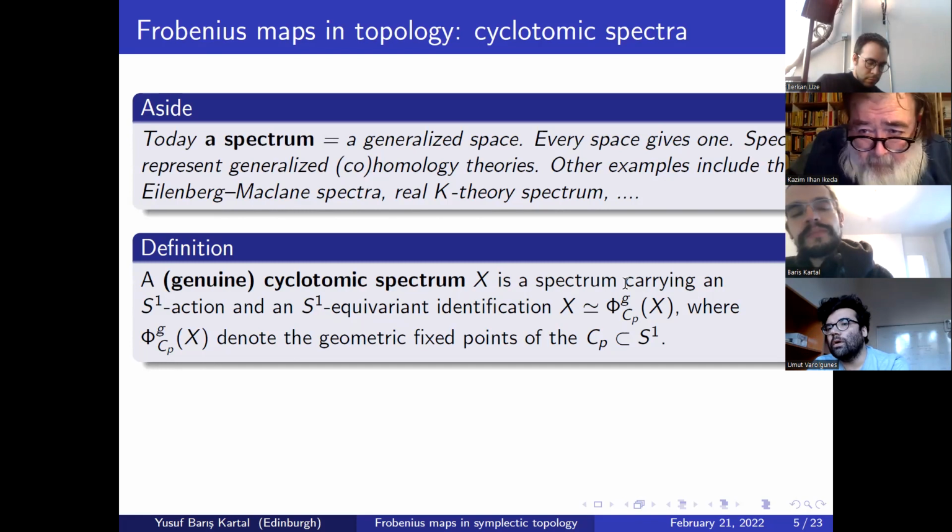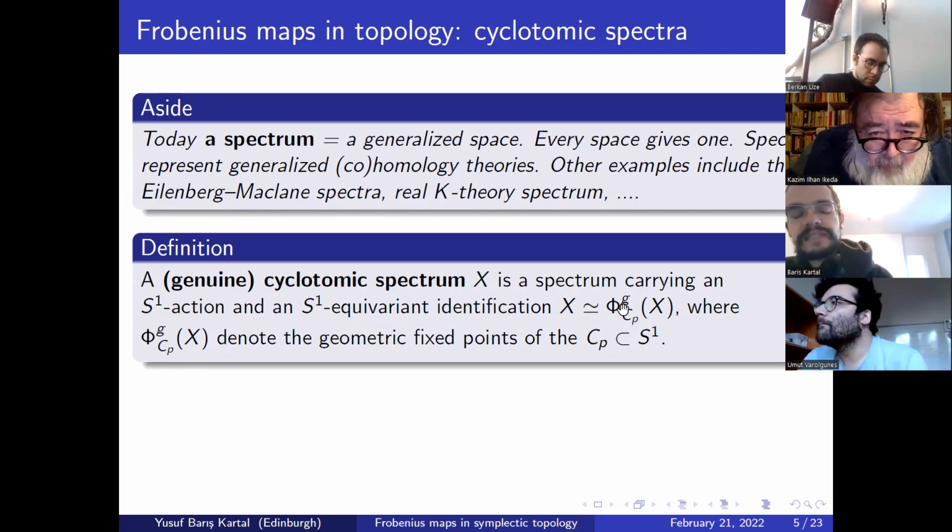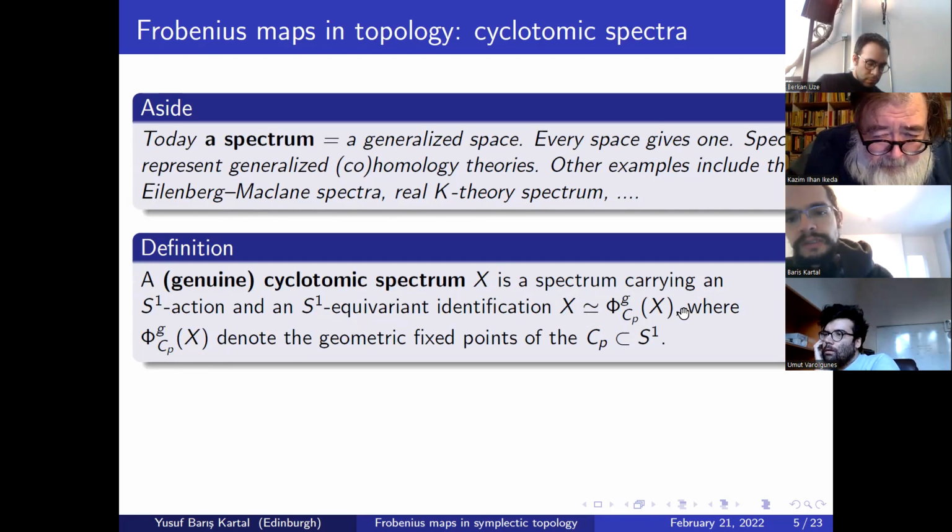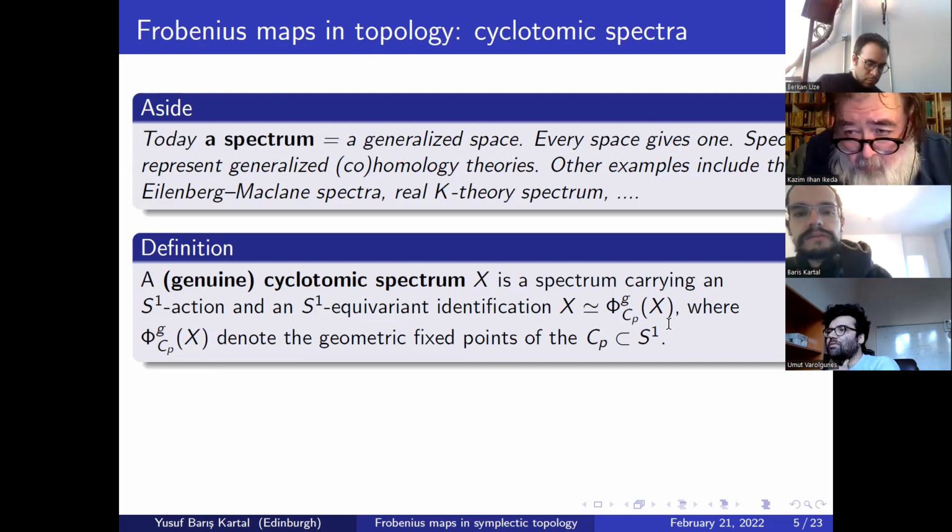The more precise statement is, if X is a suspension spectrum of a space with a genuine S1 action, then the geometric fixed points of the suspension spectrum coincide with the suspension spectrum of the fixed points of the space. The action doesn't have to be free.